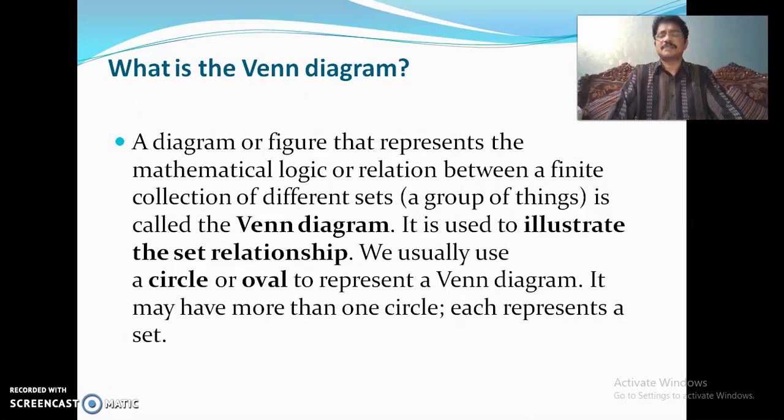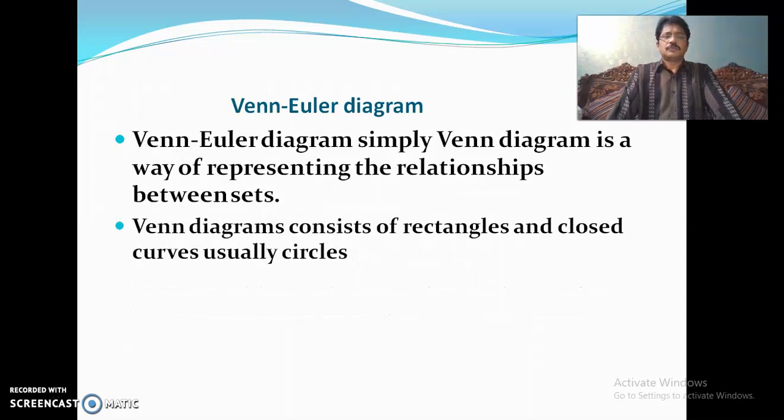Generally, Venn diagrams can be represented by using circles. Actually, that is the Venn-Euler diagram, but simply we call it a Venn diagram. A Venn diagram consists of rectangles and closed curves, usually circles.